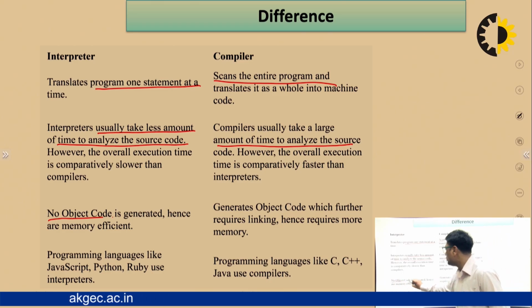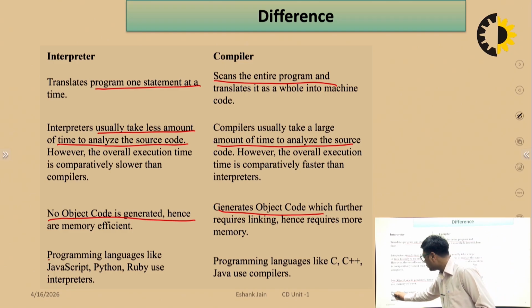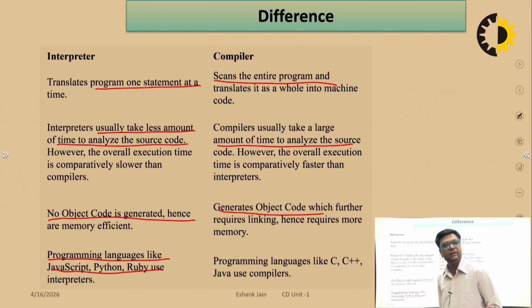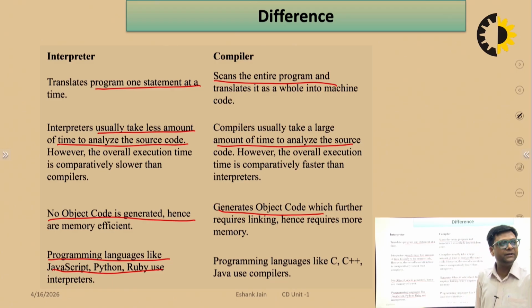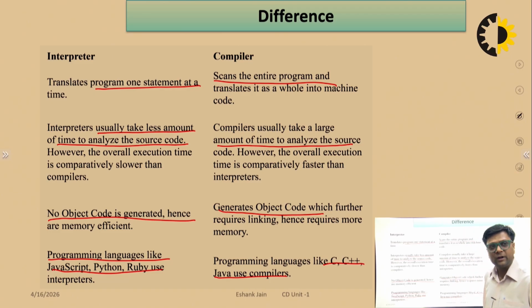The third one: no object code is generated by an interpreter, whereas a compiler generates object code. Programming languages like JavaScript, Python, Ruby are generally translated by an interpreter, and C, C++, and Java are high level languages in which we use a compiler to generate the target code for any specific language like C and C++.